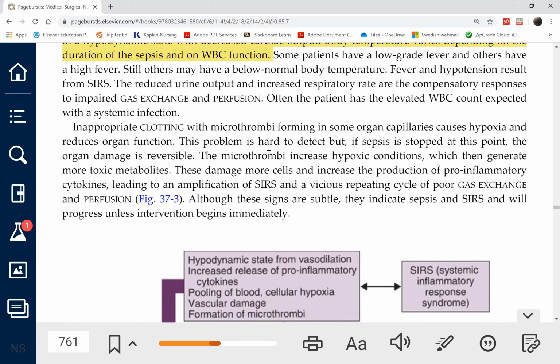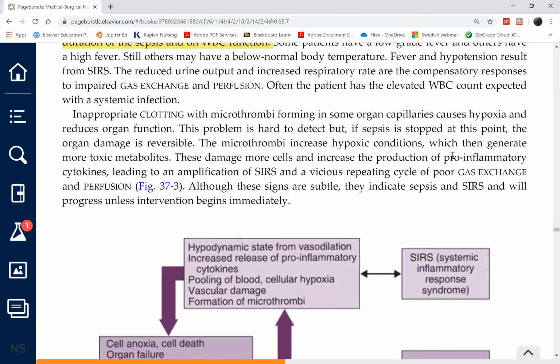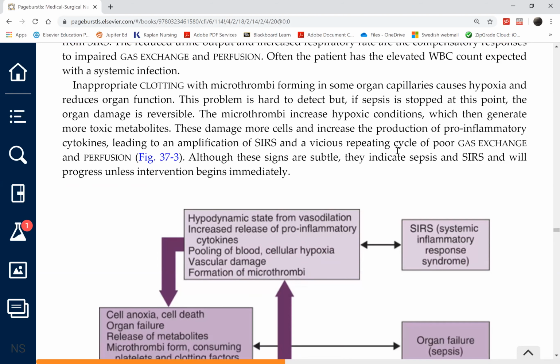You do have microthrombi formation, meaning the platelets start to clot for no reason, meaning you have no injury, and yet your platelets are forming clots. This is not in response to normal endothelial or vessel injury. So these tiny clots just start to form, and of course, they will begin to block small capillaries, small arterioles, contributing to the hypoxic condition.